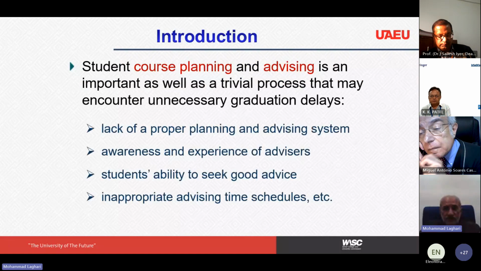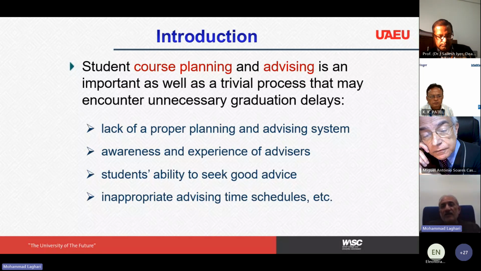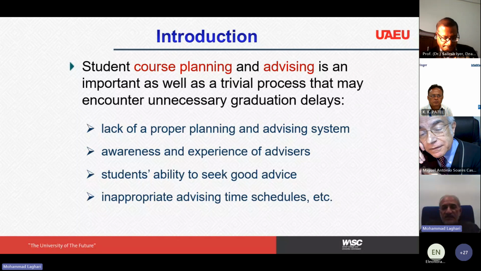Students' course planning and advising is an important as well as a trivial process that may cause unnecessary graduation delays. We already know that. Most of the students coming here have English language courses in their schools, but the majority of their coursework in the initial stages is in Arabic.